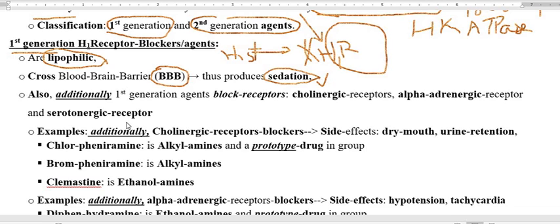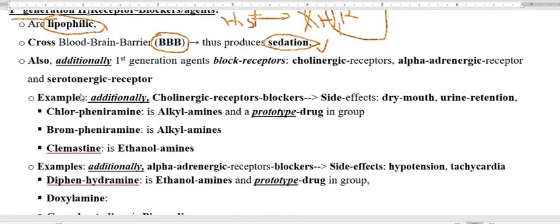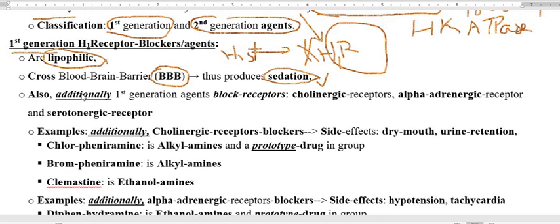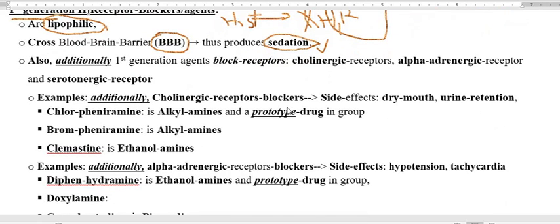In addition, the important feature of first generation H1 receptor blockers is that, in addition to the H1 receptor blocking action, they also block other receptors, like cholinergic receptor blocking, alpha adrenergic receptor blocking action, and serotonin receptor blocking, or you can say 5-HT receptor blocking action.